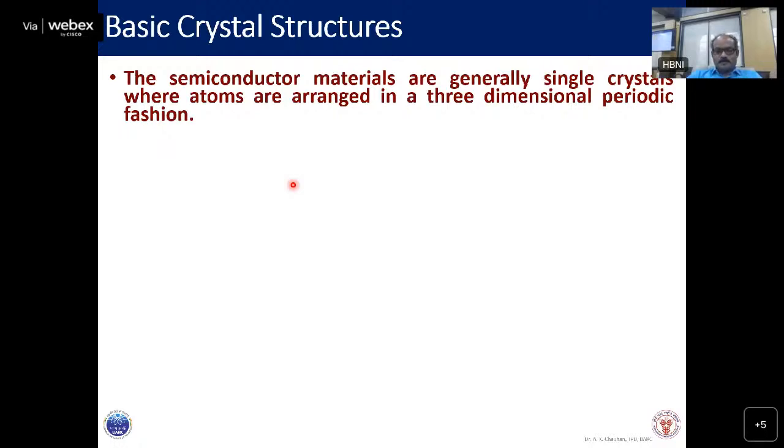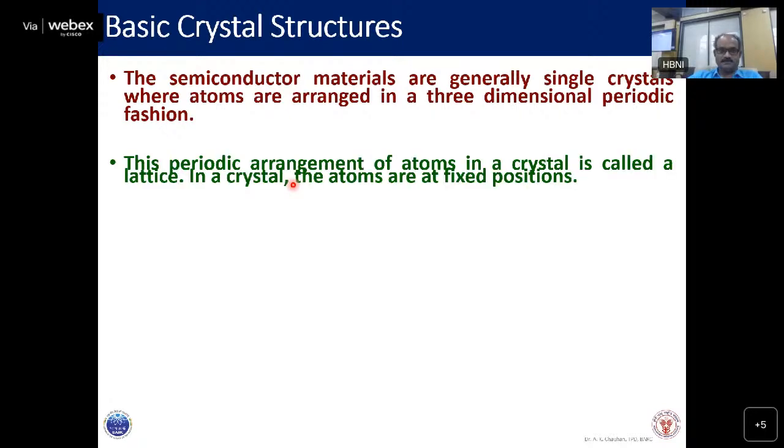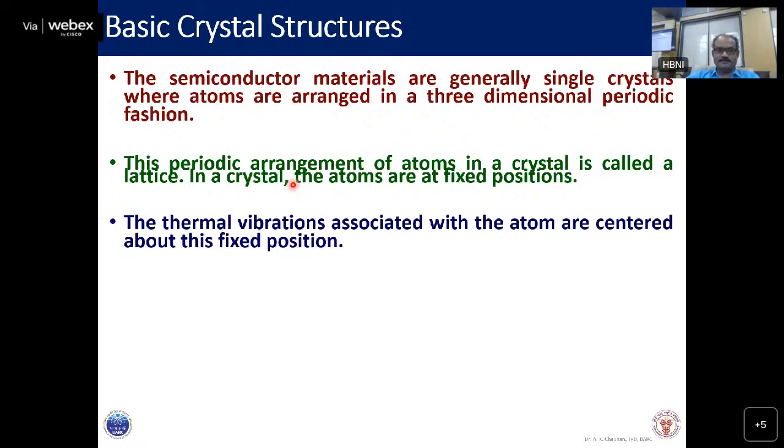Now, one thing we understood is that semiconductor materials are single crystals where atoms are arranged in a three-dimensional periodic fashion. This periodic arrangement of atoms in a crystal is called a lattice. In a crystal, the atoms are at fixed positions.